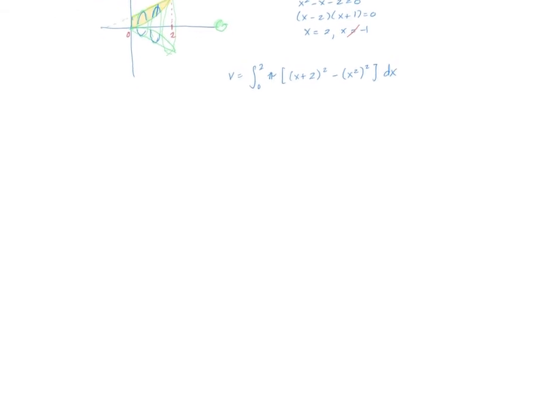Again, I'm going to pull the pi out and integrate from 0 to 2. Once I multiply all this out, it'll be x squared plus 4x plus 4 minus x to the 4th dx.